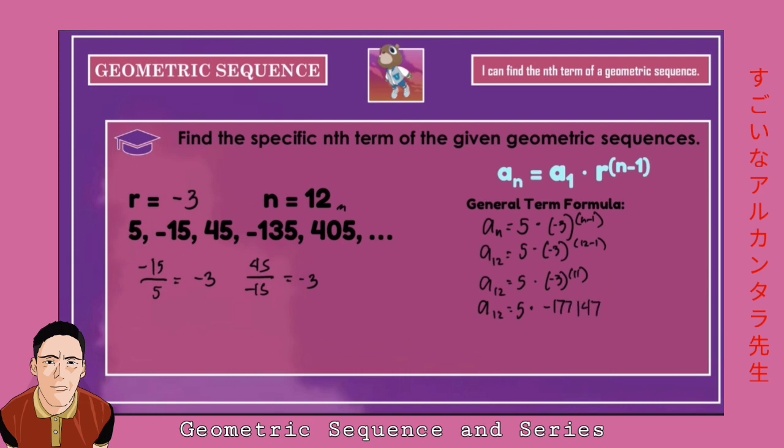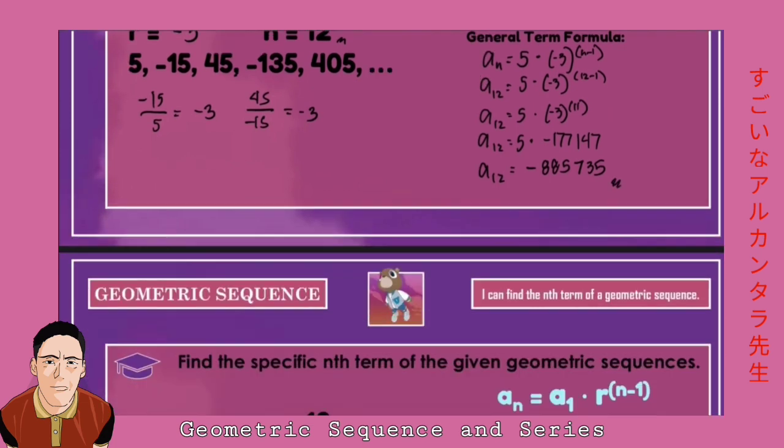This is still too high. Times 5, so a sub 12 is equal to negative 885,735. It's too high. Are we correct? Yep, the common ratio is negative 3, so r is negative 3. n is 12, so 12 minus 1 is 11. Okay, so this is our answer here.